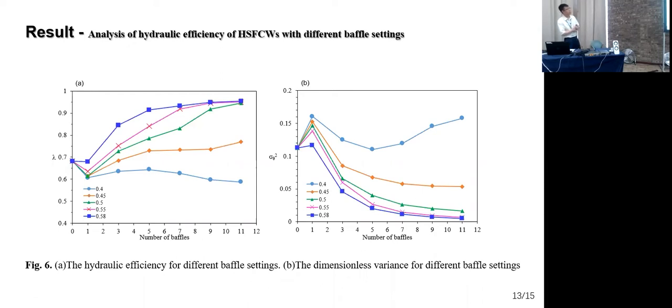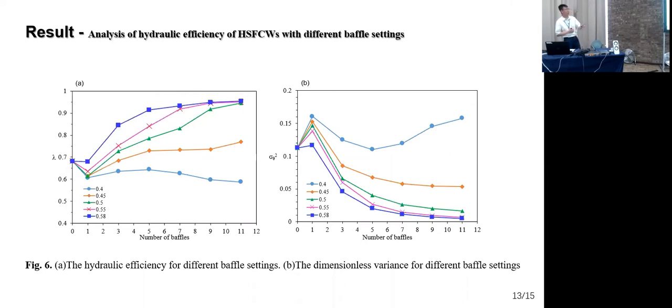And for the right-hand side picture, the variance, this indicator describes the gap between the real flow pattern and the ideal flow pattern. So if the variance is 0, it's the ideal plug flow condition.